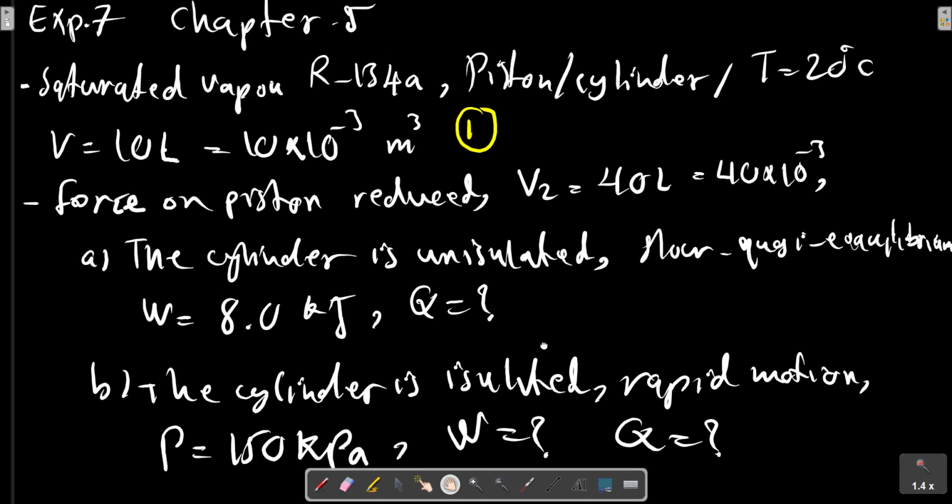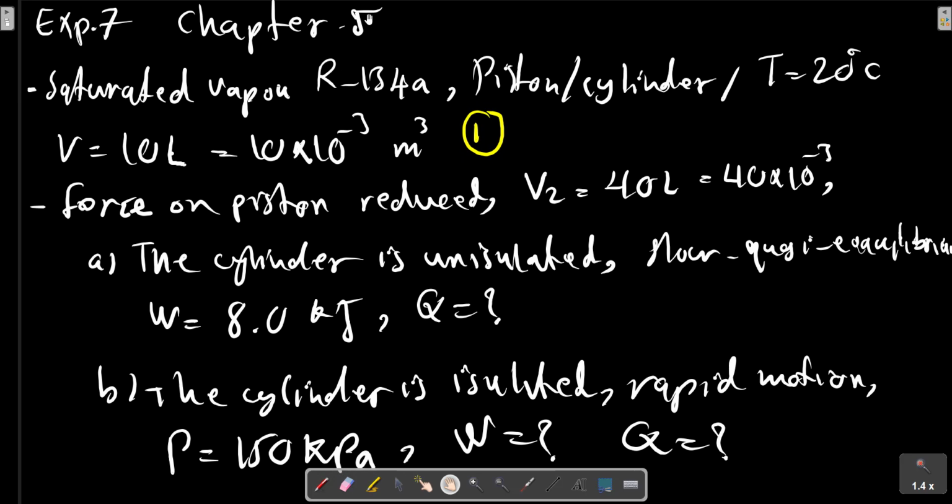For this case, we should at first specify state 1 and state 2 for each section. Solution of part A, state 1.